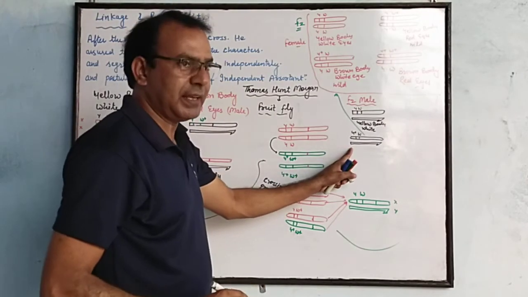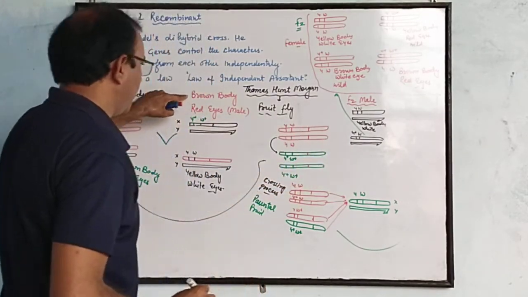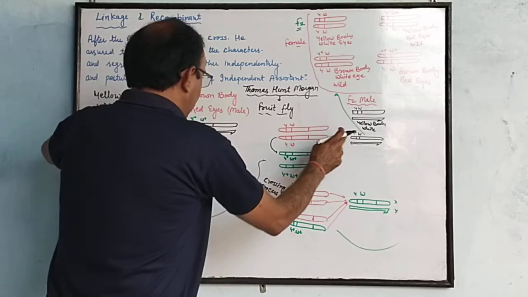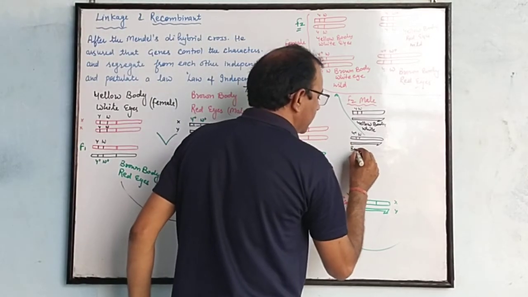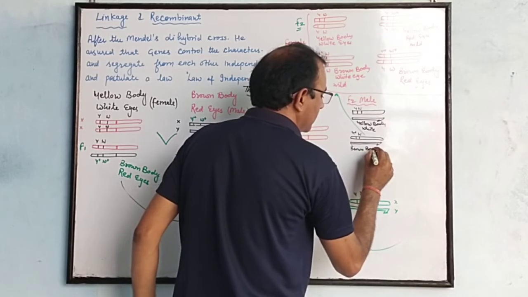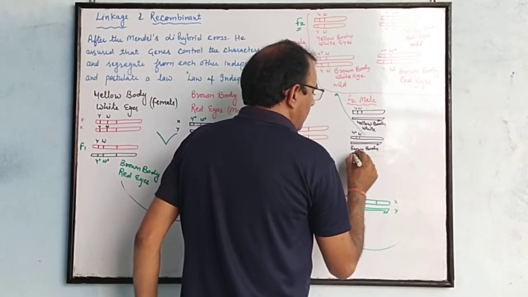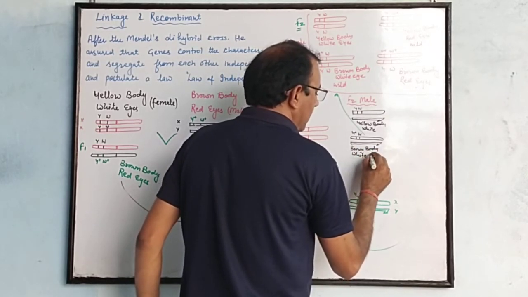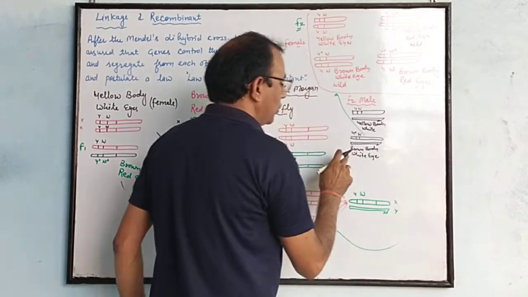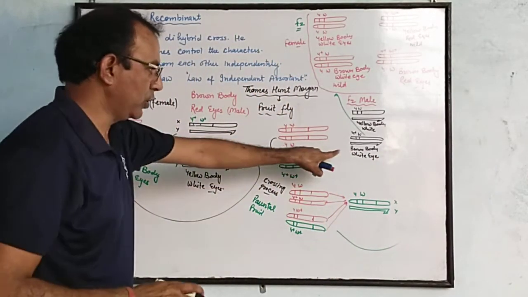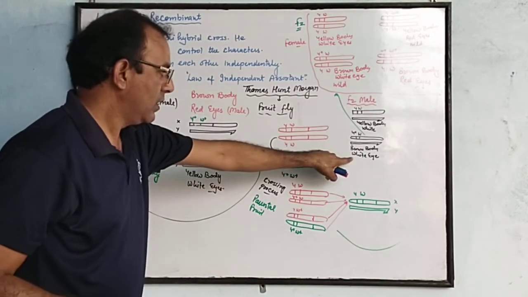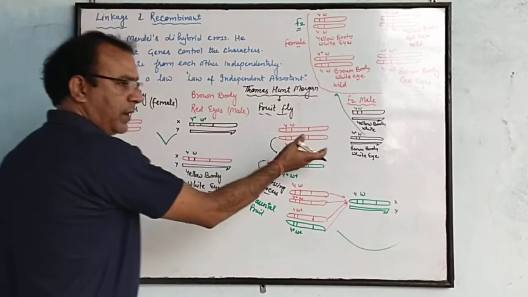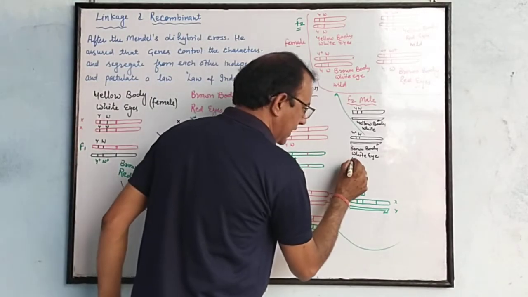Y plus stands for brown body and W stands for white eyes. So this male is brown body, white eyes. Neither property is parental. It should be brown body with red eyes, or white eye with yellow body, so this does not match the parental. We can say it is non-parental.